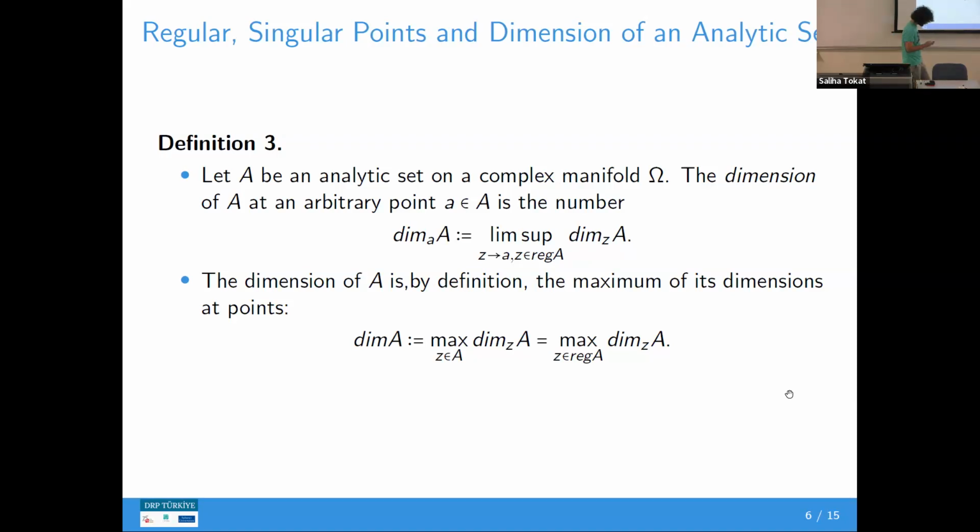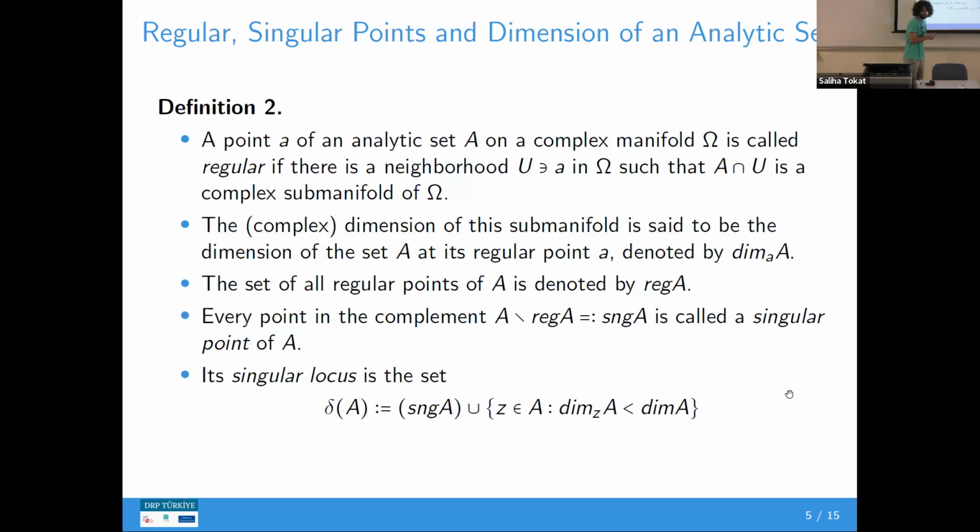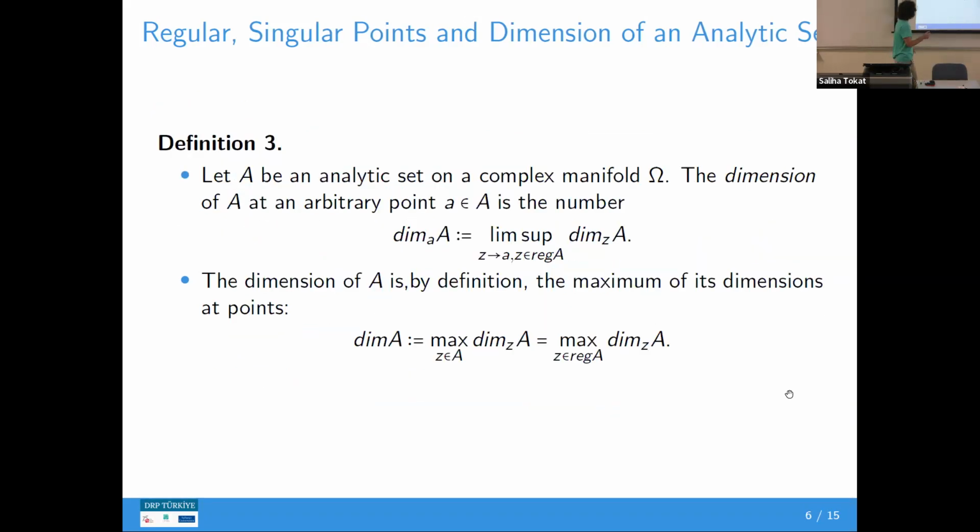So we have regular points. By the way, the regular points are dense. There is a theorem: regular points are dense in A. So actually, the general behavior of an analytic set is not so different from the behavior of a complex manifold, locally speaking. And since they are dense, by using them, we can define the dimension concept for analytic sets. So let's take a point a from A, and let's take a sequence of regular points which converges to a.